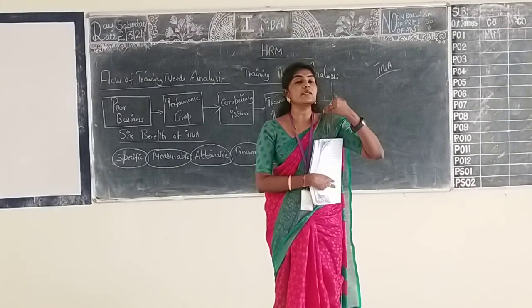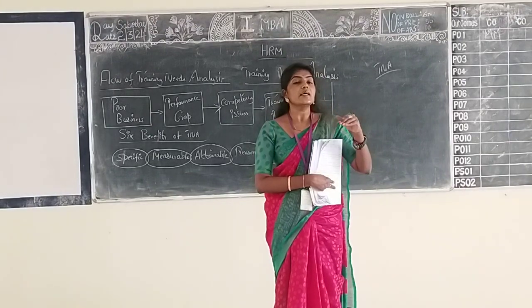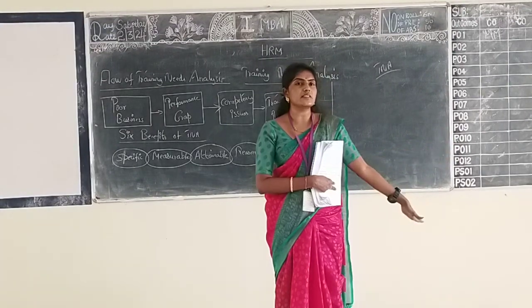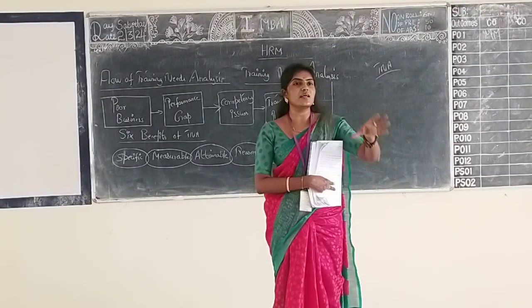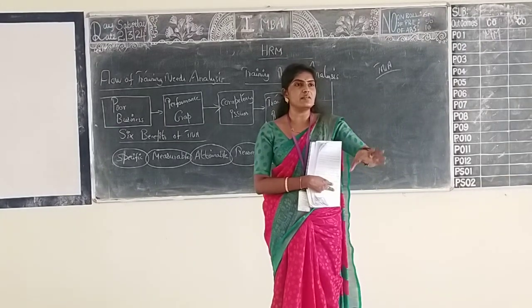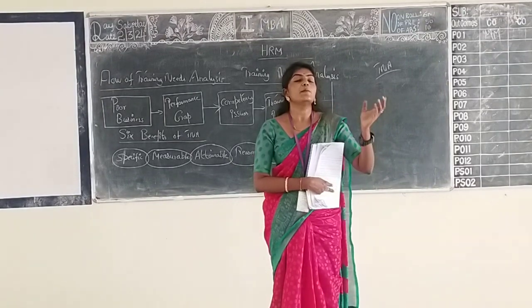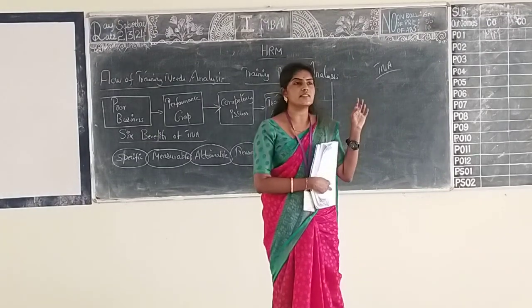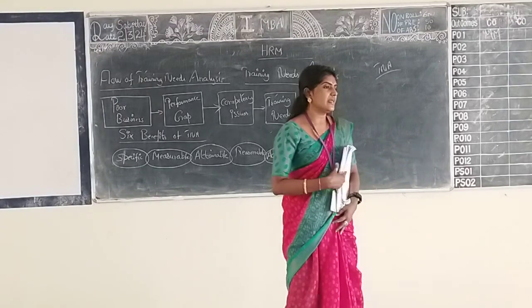Individual analysis means you analyze each employee's performance level based on the training. For example, I analyze the performance level of a particular student, how that student performs in the training. So these are the 3 levels of training in the TNA.